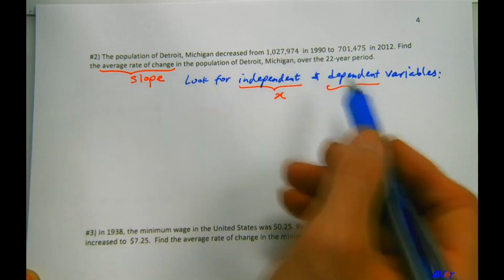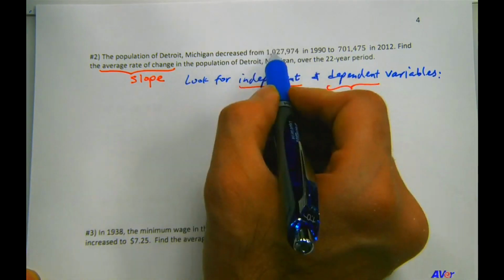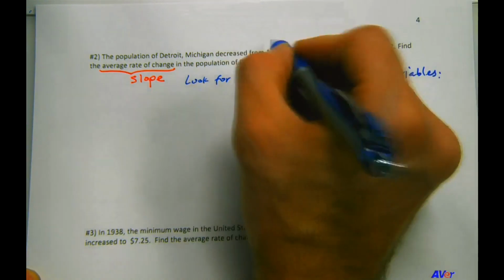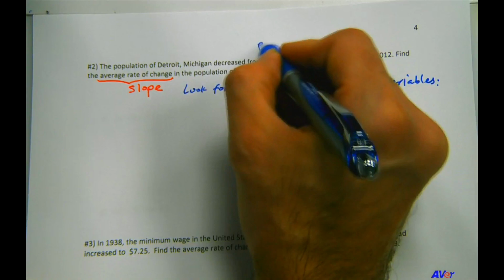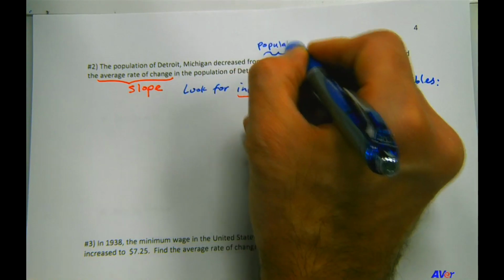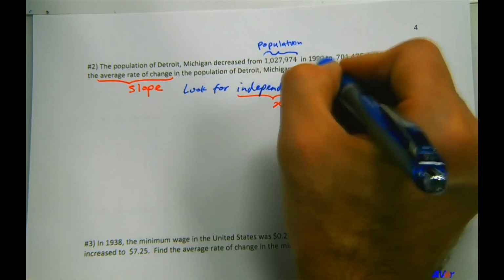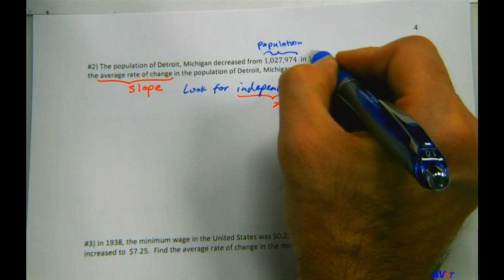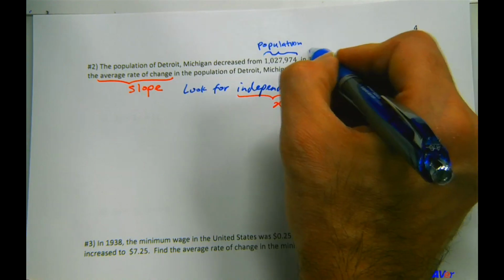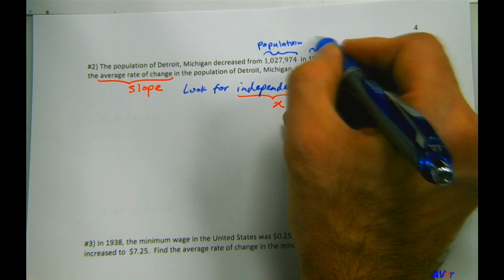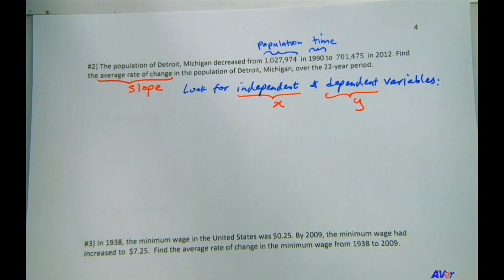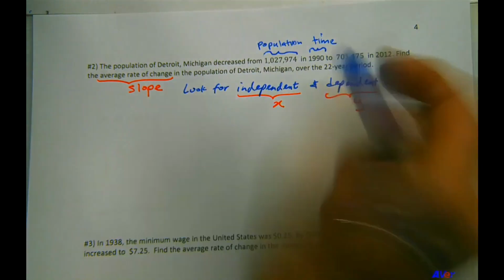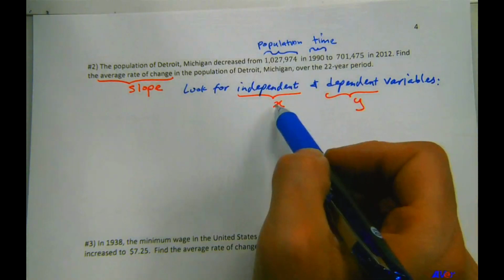We have 2 quantities, right? We have the population, and we have the year or time. Let's call it time, 1990, time, right? Those are the only 2 quantities we've got. We have nothing else. So which one of these is the independent variable?